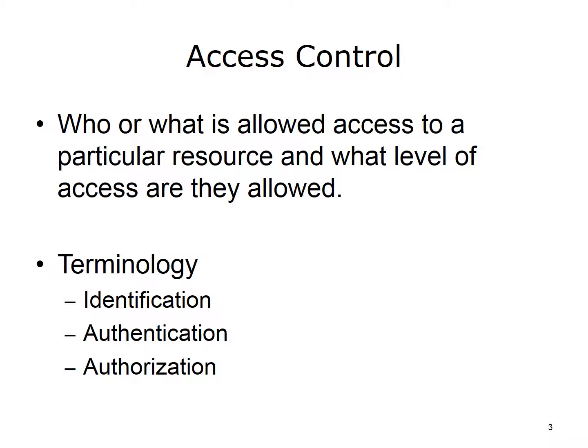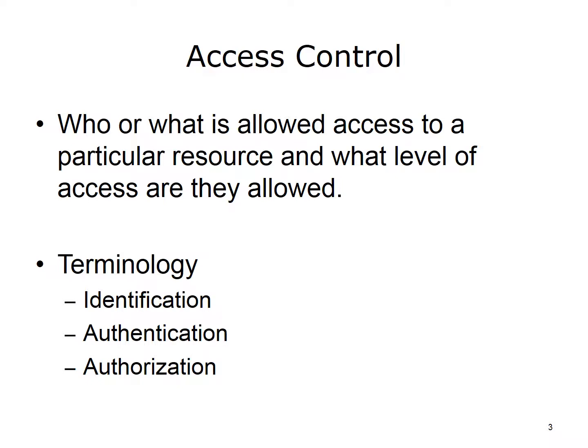Access control involves 3 steps: identification, authentication, and authorization. Identification requires that a user present identification like a username. Once the identification has been provided, the system must authenticate the user. This makes sure that the identification is true and has not been forged.